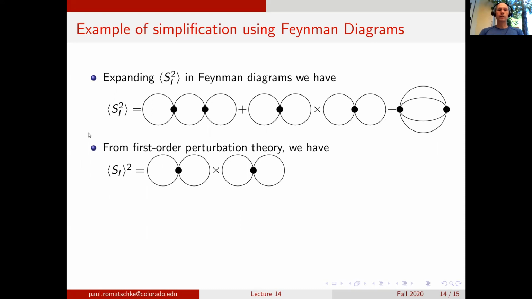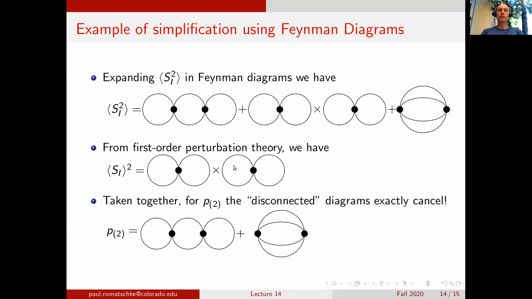So let us recall that we have the expectation value of the action squared represented in Feynman diagrams as the upper line. And from perturbation theory, we found that the first order expression for the expectation value of the action was just this double loop here. So if you then take the square of the double loop, you basically have the product of these two diagrams, and that is just our disconnected diagram from before.